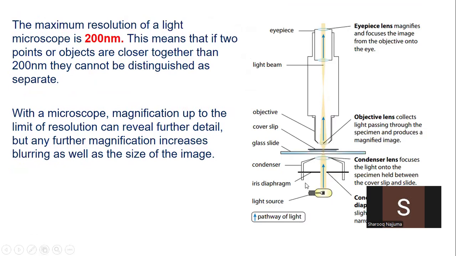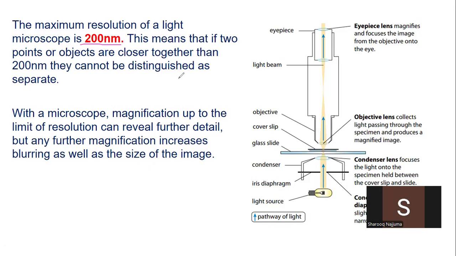So when it comes to the light microscope, it has a resolution of 200 nanometers. What does that mean? It means that if an object is smaller than 200 nanometers, you will never see it using a light microscope. It will not show it to you.